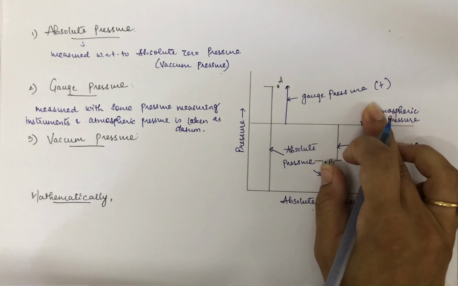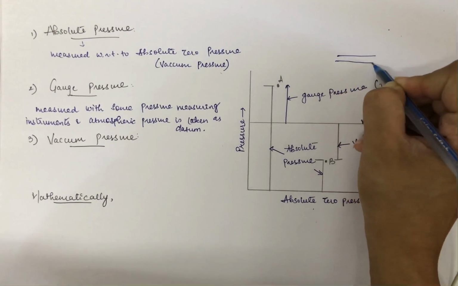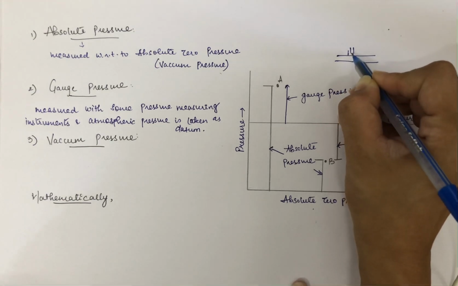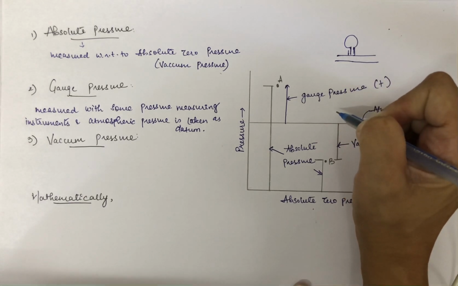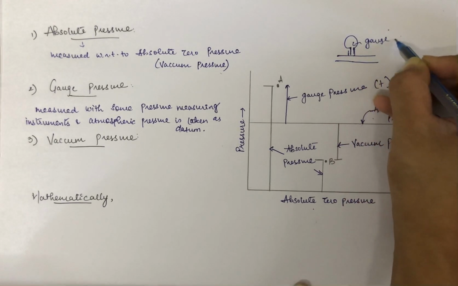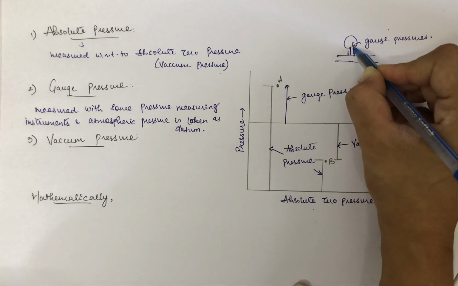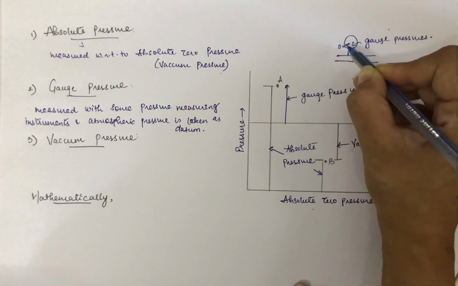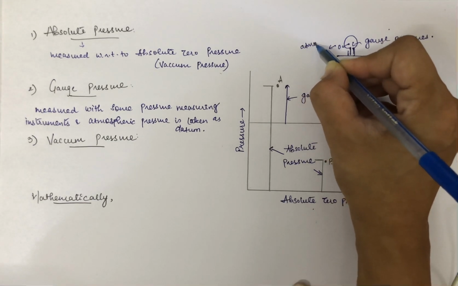this gauge pressure is positive pressure. Let me give you one example. Suppose this is your pipeline. In real field conditions, these pipelines are provided with pressure measuring devices known as pressure gauges. In these devices, the scale is marked at 0, and there the pressure is taken as atmospheric pressure.